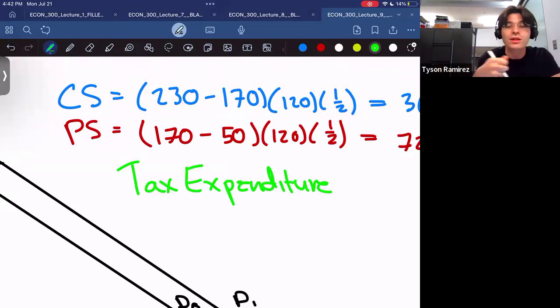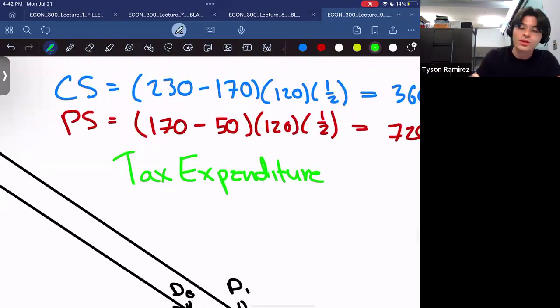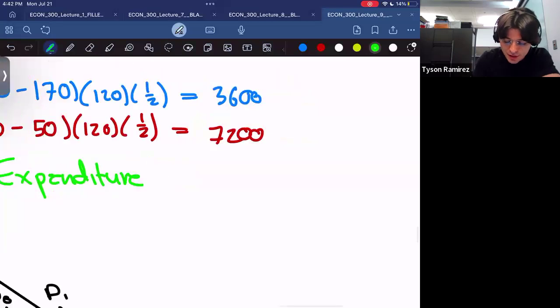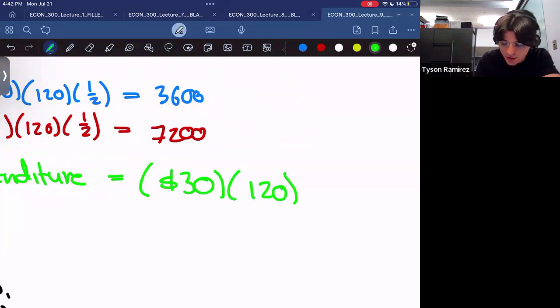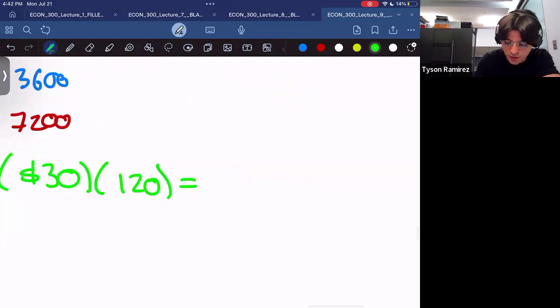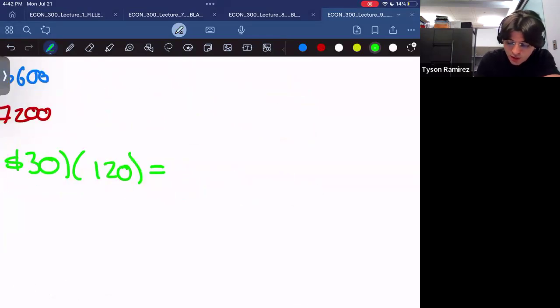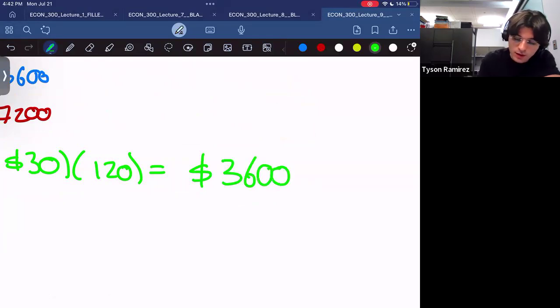But now the government is giving out subsidies. They're giving out money, and this has to come from somewhere. We pay taxes, so to subsidize something, they're going to tax it from somewhere. In this case, the tax expenditure is a $30 subsidy times how many things are being exchanged in equilibrium. It's 120, so the total tax expenditure is 3,600.